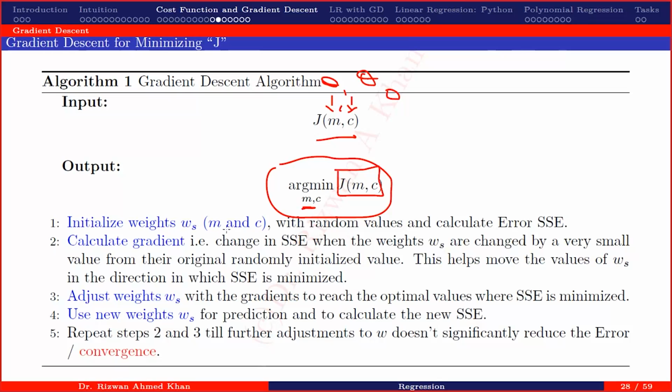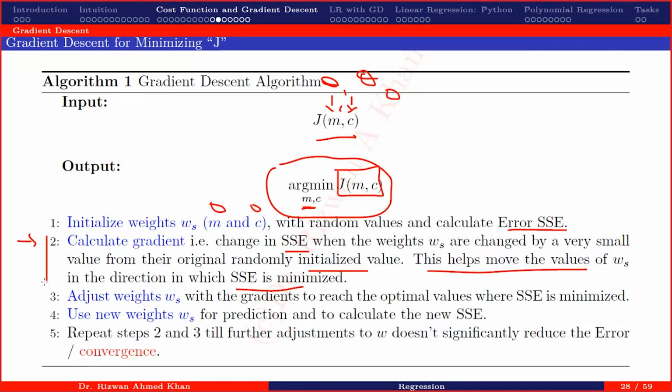Initially, the weights for m and c would be random values, and usually they are initialized as 0, 0, but they could be initialized with random values. And we calculate the sum of squared error, SSE. We'll calculate the gradient, and the gradient is the change in sum of squared error when the weights are changed by a small value from their randomly initialized values. This helps move the values of W in the direction in which SSE is minimized.